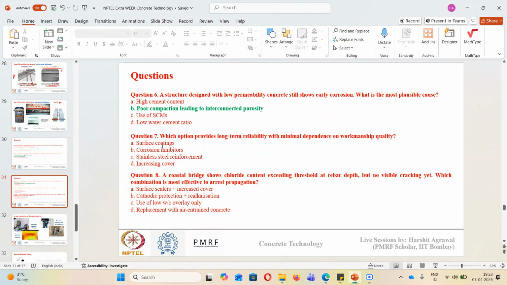Suppose you are coating the concrete surface and it is not coated properly, you have left some part uncoated, so that part can become an easy source for ionic ingress.